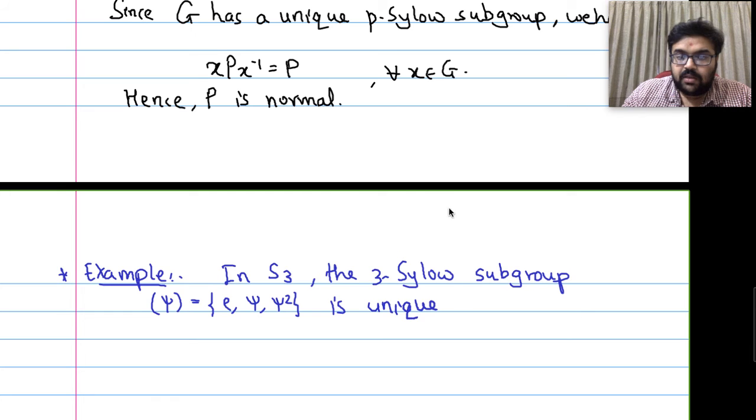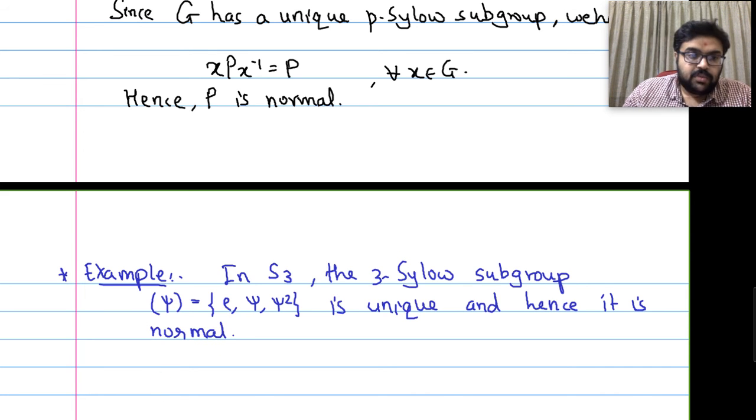What is the order of S3? The order of S3 is 6, 2 into 3. So the 3-Sylow subgroup has order 3 power 1, that is 3. So this is unique and we do not find any other. The highest power of 3 dividing this is 1. So 3 only divides. So this is unique, and hence it is normal. So this way also we can say that the subgroup generated by psi is normal.